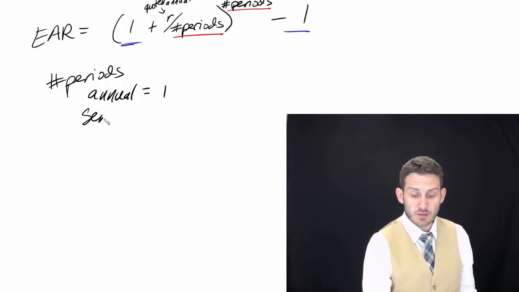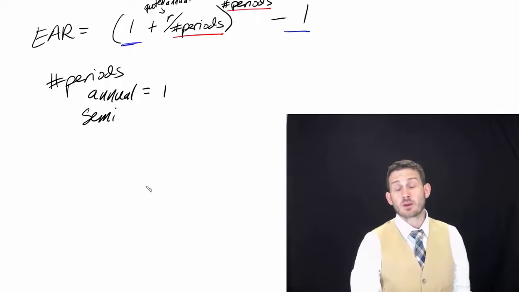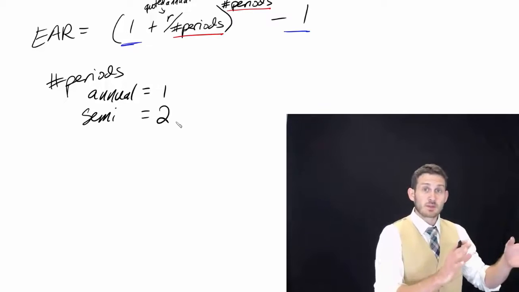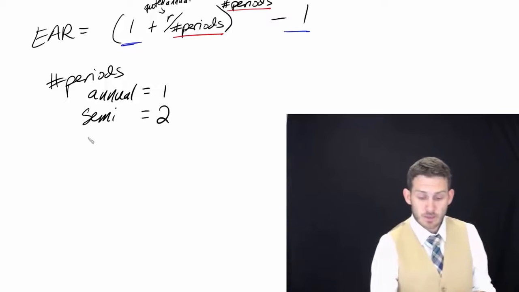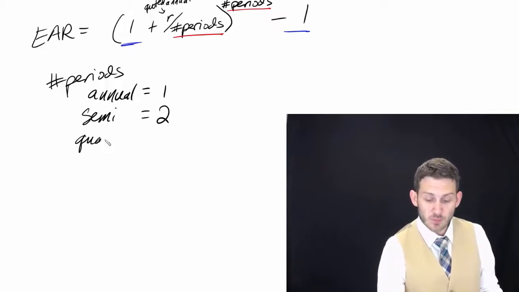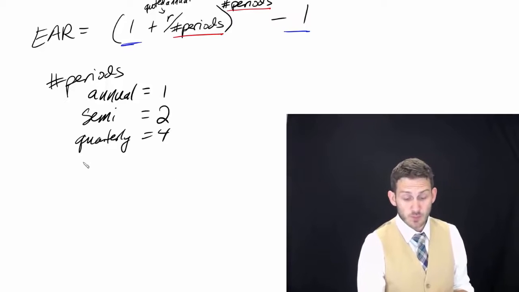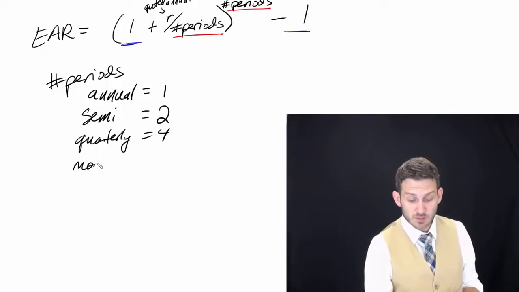Okay, for semi-annual, how many semi-annual periods are there in a year? There are 2, right? There's 6 months at the beginning of the year, 6 months at the end of the year. And then if we go quarterly, how many is that? That's going to be 4, right? If we go monthly, that's going to be 12.